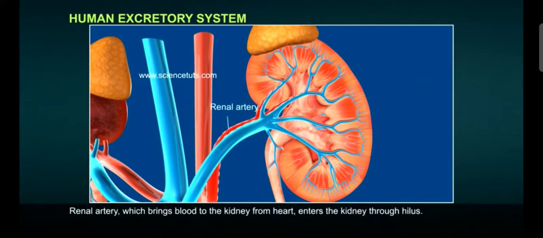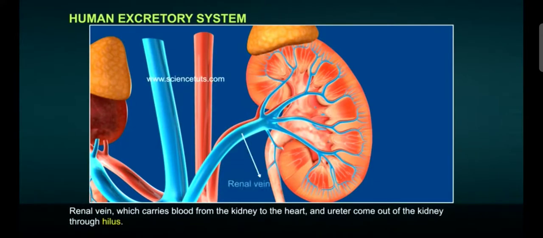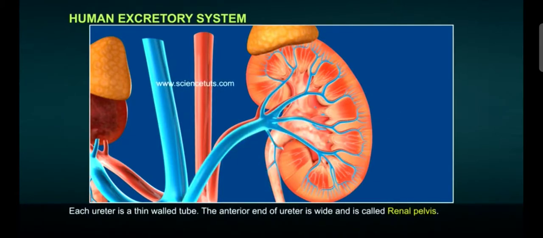The notch present on the inner margin is called hilus. Renal artery, which brings blood to the kidney from the heart, enters the kidney through hilus. Renal vein, which carries blood from the kidney to the heart, and ureter come out of the kidney through hilus. Each ureter is a thin-walled tube. The anterior end of the ureter is wide and is called renal pelvis.